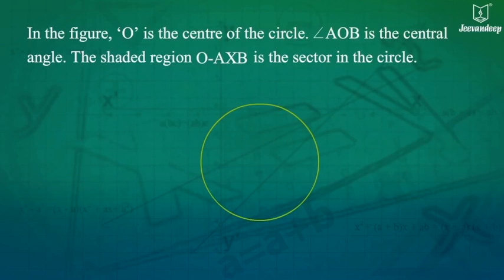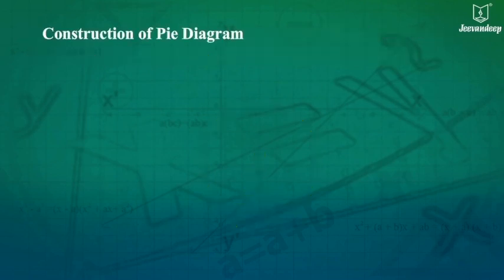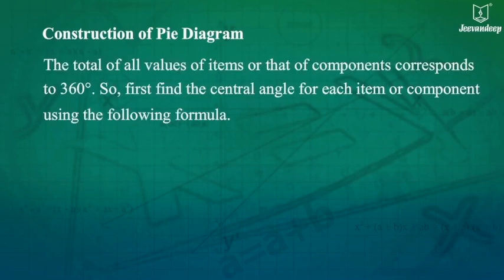In the given figure, O is the center of the circle. Angle AOB is the central angle. The shaded region OAXB is the sector in the circle. Construction of pie diagram. The total of all values of items or that of components corresponds to 360 degrees.